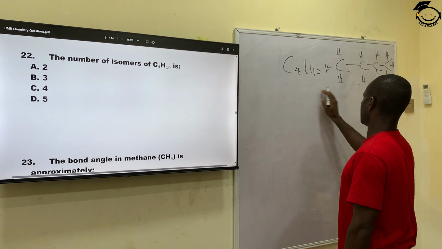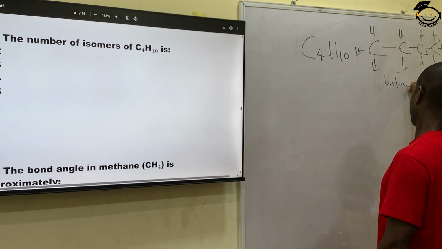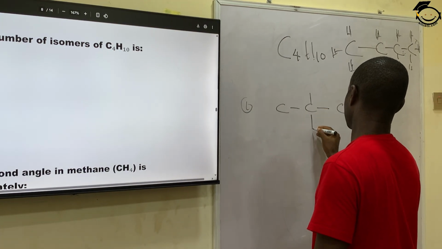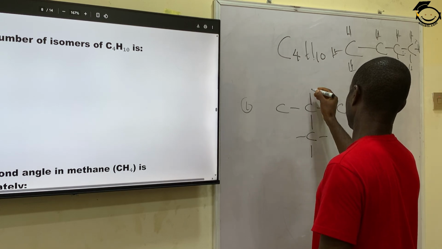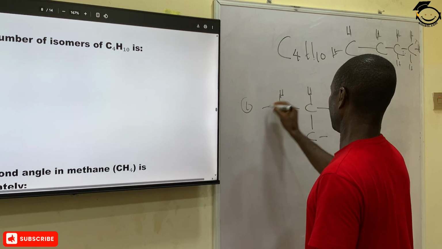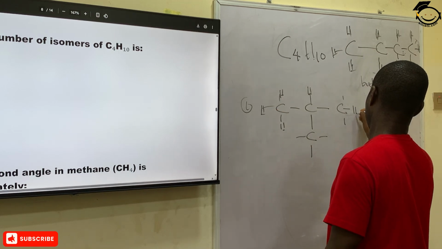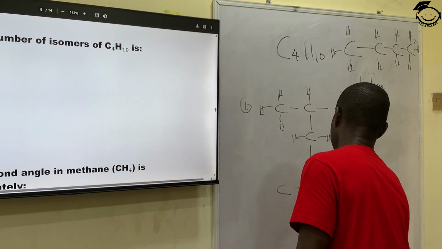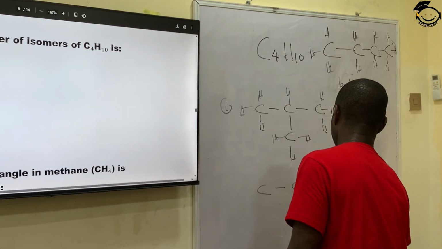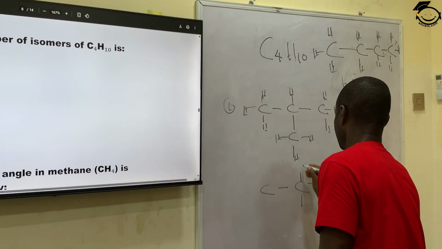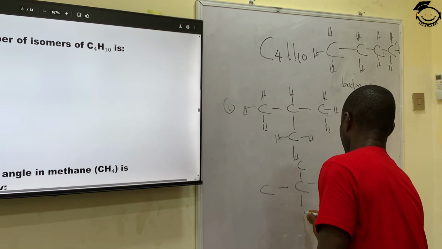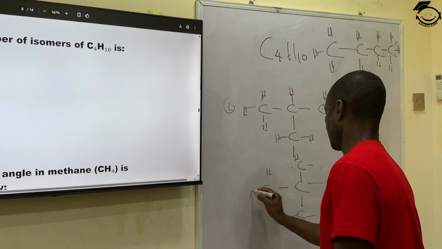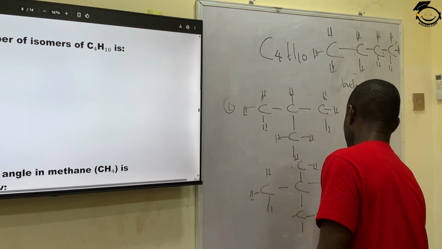So this is a long chain, straight chain butane. We can have one of the isomers to be C, C, C. Then another isomer, C, C, C. These are the possible isomers.